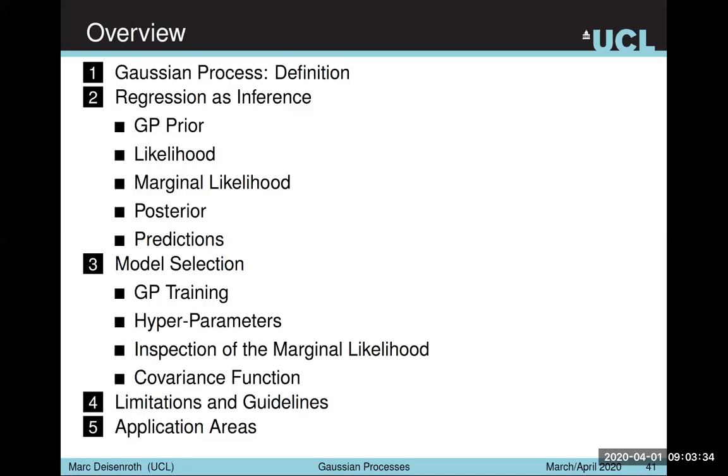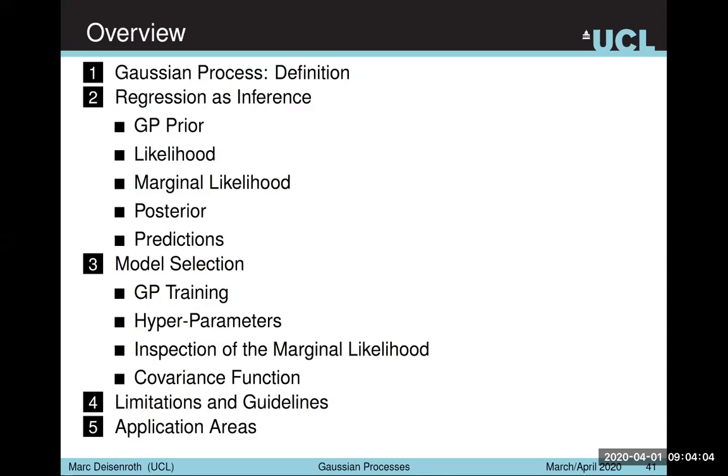So that was yesterday, and today we want to look at some of the more intricate details of how things actually work together. We discussed to some degree yesterday length scales or amplitude parameters, so how they influence the functions that we can model with the Gaussian process.